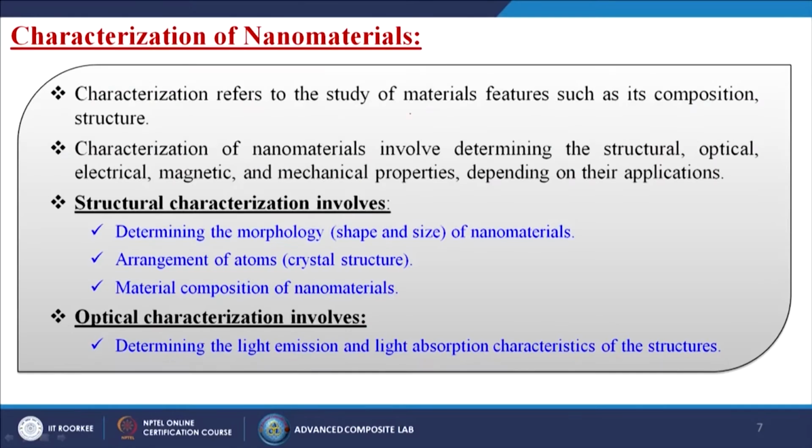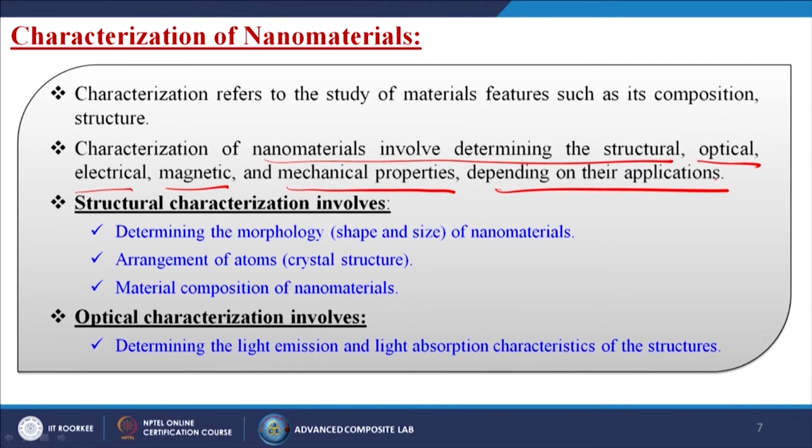Now, we are going wider into this particular topic. So, how to characterize this kind of nanomaterials? Characterization refers to the study of material features such as its composition and structure. Characterization of nanomaterials involves determining the structural, optical, electrical, magnetic and mechanical properties depending on their applications.